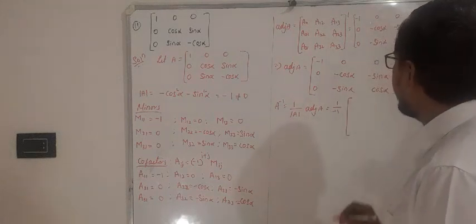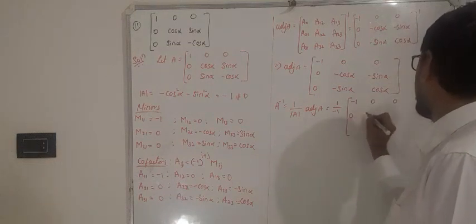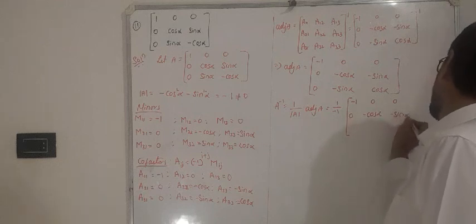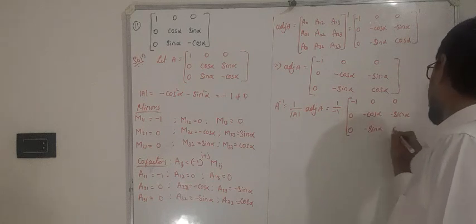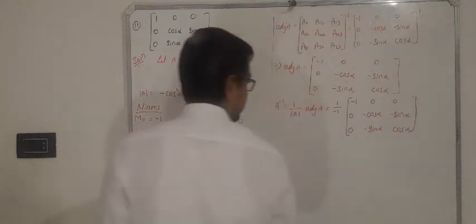What is the adjoint A? Minus 1, 0, 0; 0, minus cos alpha, minus sin alpha; 0, minus sin alpha, cos alpha.